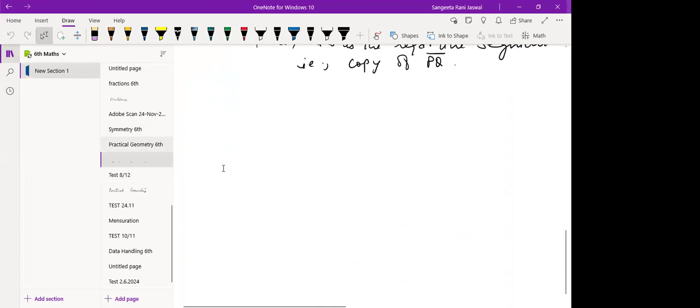Okay, see here. This is the question. It's saying first you construct a line segment AB. Make a line segment in your notebook of any length.